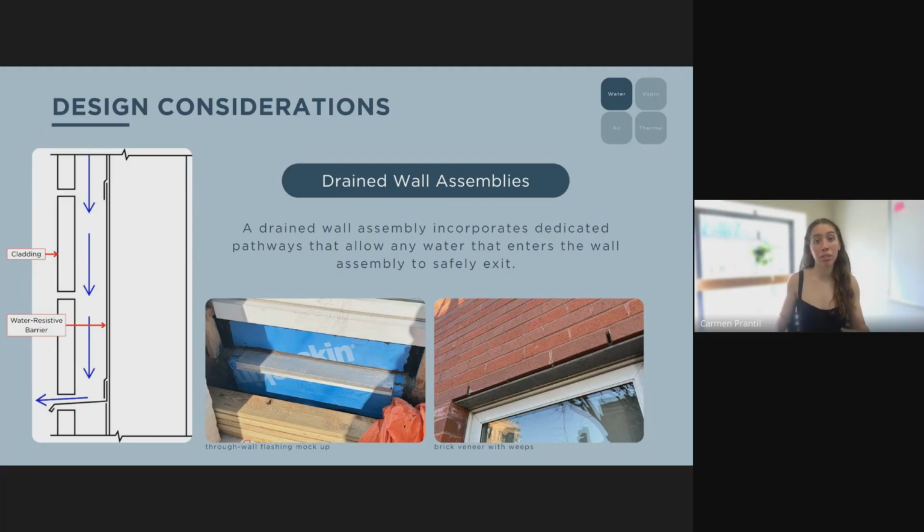This builds in redundancy, which is preferred, but it still relies on critical features like the continuity of your water resistant barrier at that backup wall, or correct installation of the flashing at the base of wall to collect water and direct it to the exterior. The drained wall assembly is only as successful as actually getting the water out.